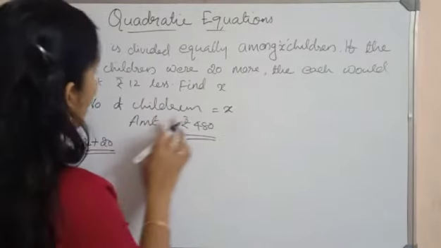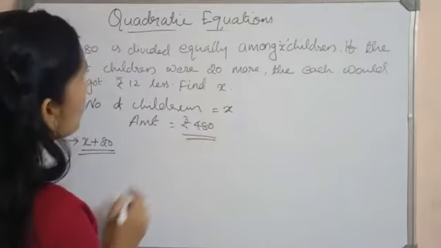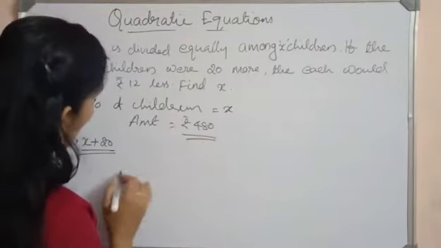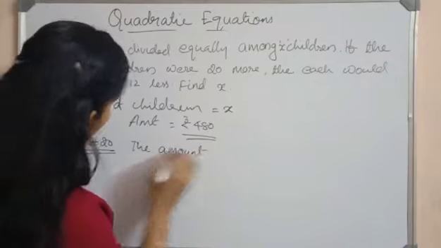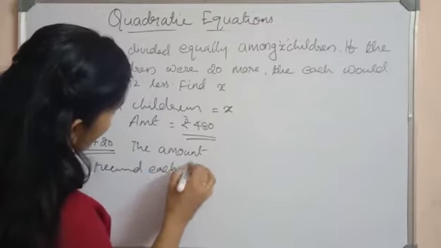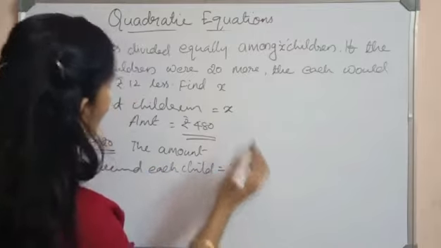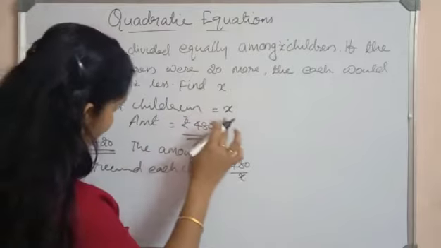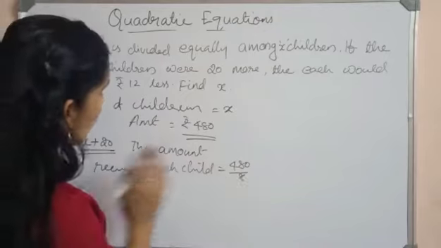So here, when the number of children is x and the amount is 480, the amount received by each child is equal to 480 by x.